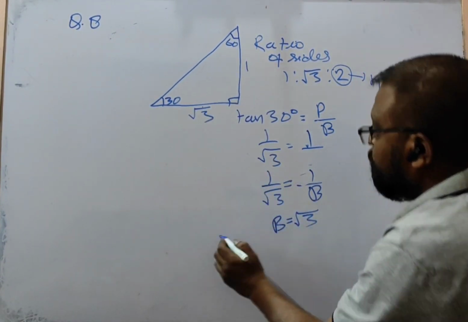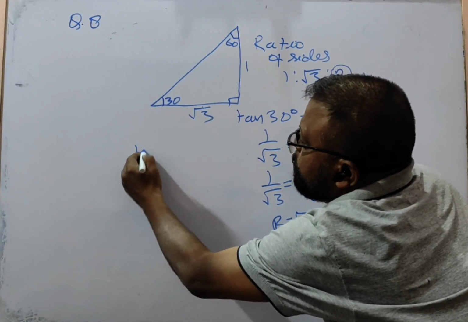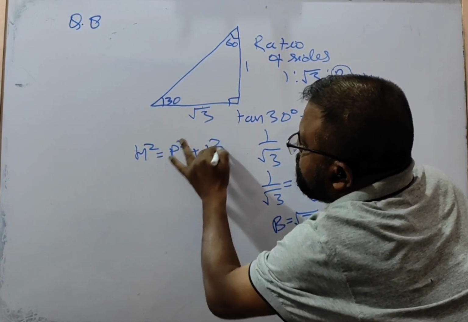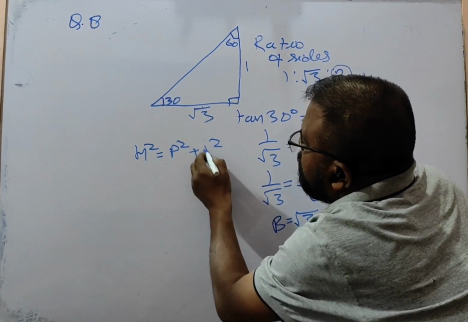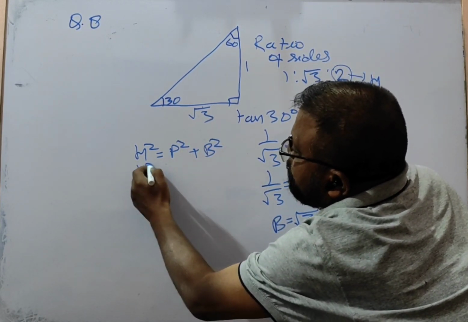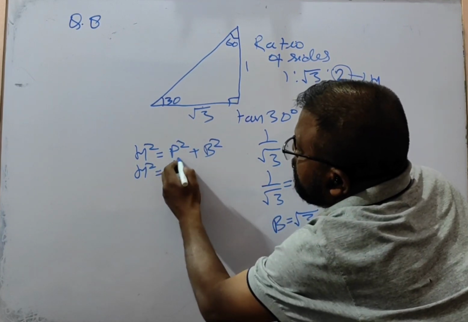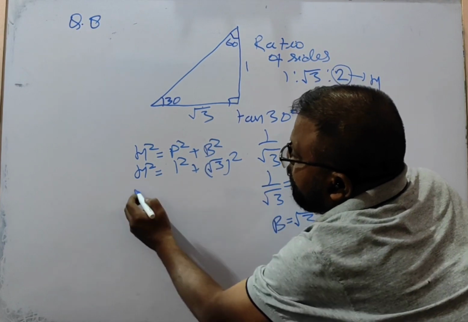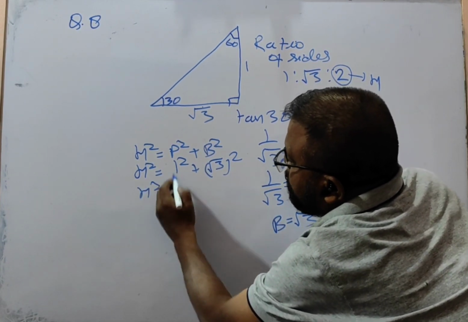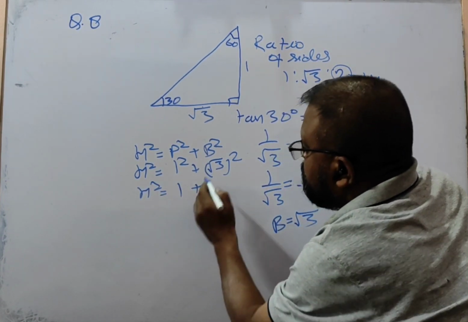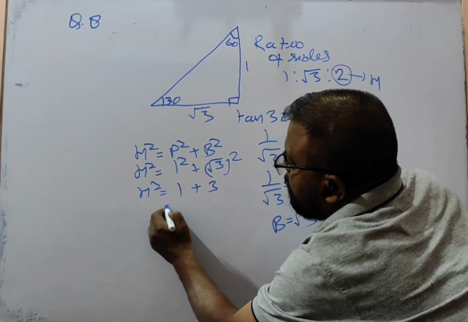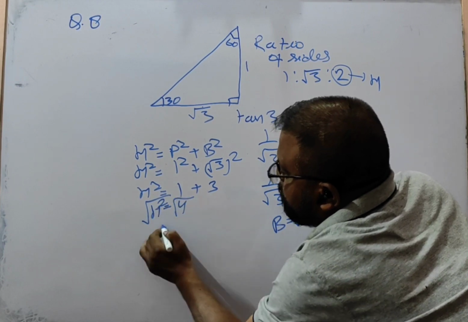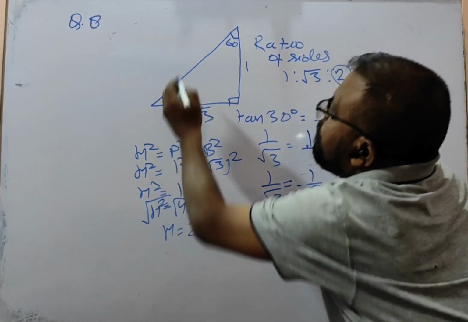By Pythagoras, hypotenuse square is equal to perpendicular square plus base square, so 1 square plus root 3 whole square. So we get hypotenuse square is equal to 1 plus 3, it becomes 4. Taking the square root, h is equal to 2.